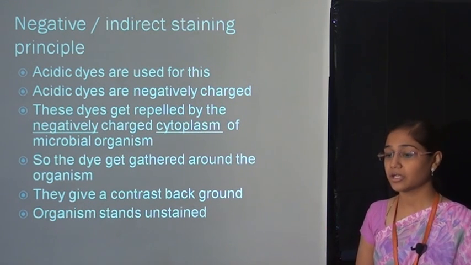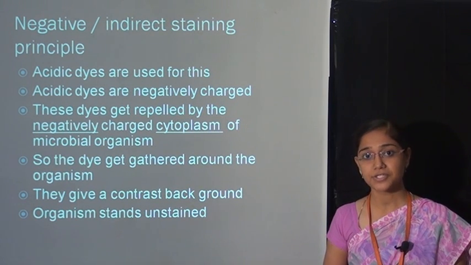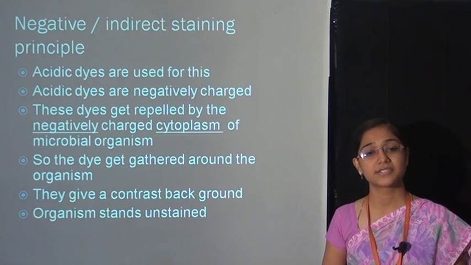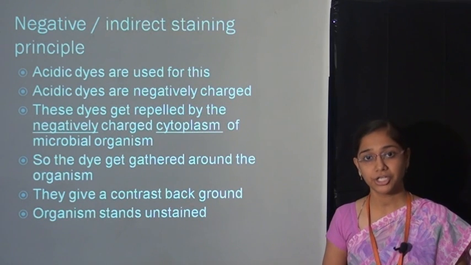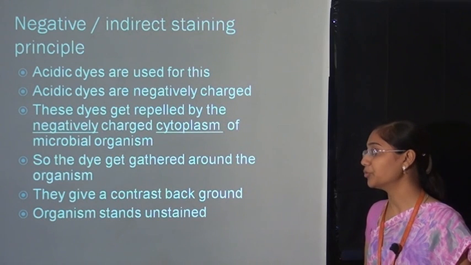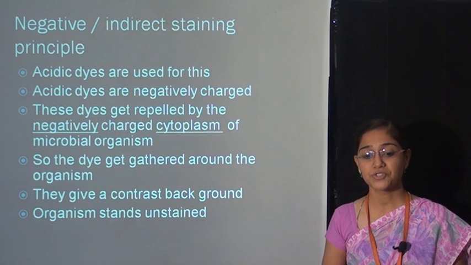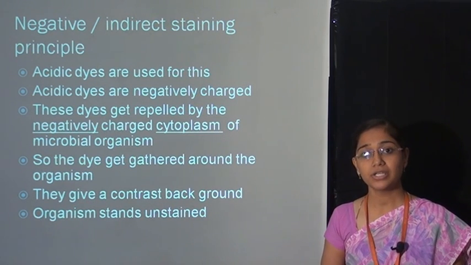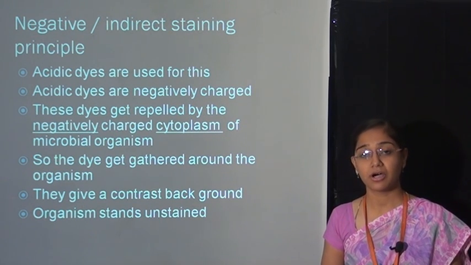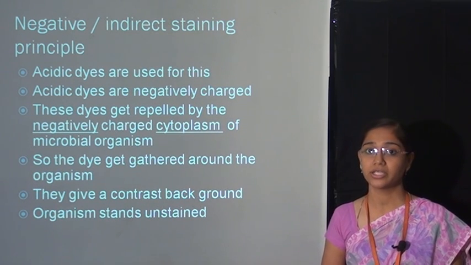The dye gathers around the organism because of repulsion between the negatively charged ions of the bacterial surface and the stain. They give a contrasting background, and the organism remains unstained. In negative staining, the bacterial structure remains unstained and our background contains the color.